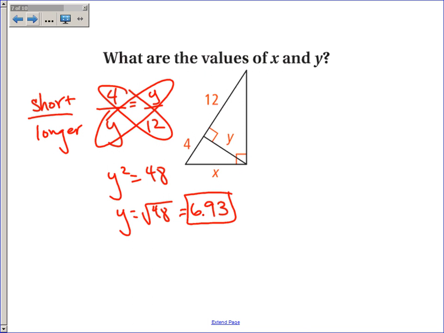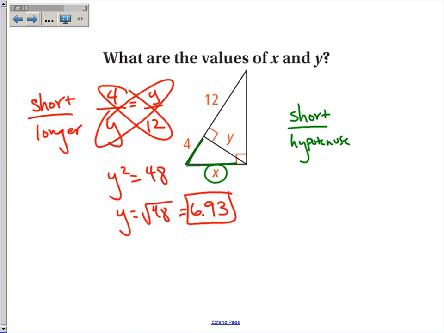Okay, now let's find x. X is located on the median, on the small triangle and on the large triangle. The only information I know about both of these triangles is the shorter leg and the hypotenuse. So the ratio I'll look at is short over hypotenuse.